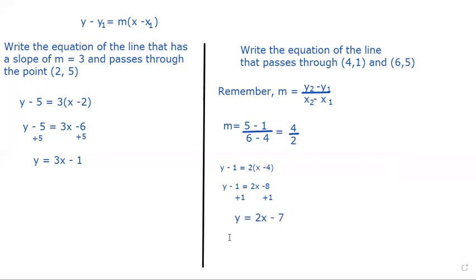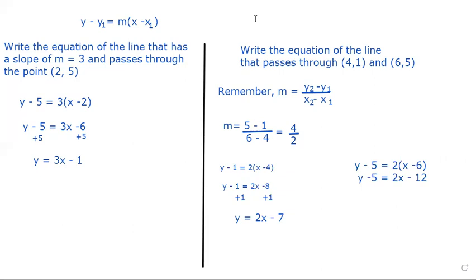Now, if we ever want to check it, just remember, we can use the other set of points. So this would be y minus 5 is equal to 2 times x minus 6. We want to distribute on the next line: y minus 5 is equal to 2x minus 12.